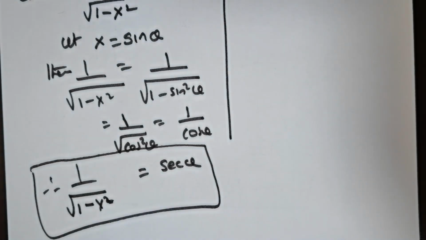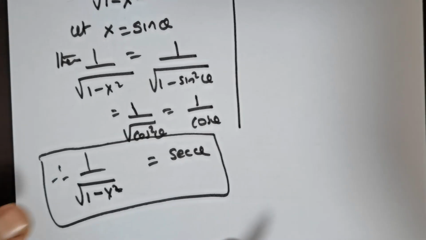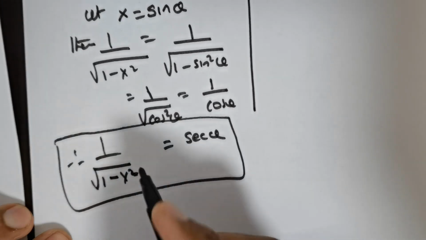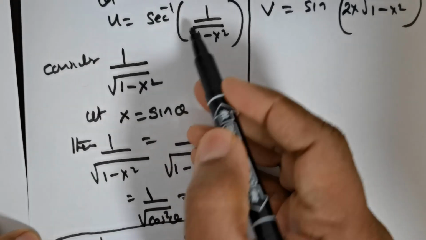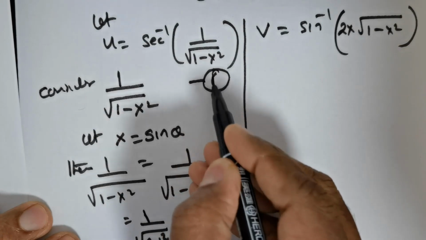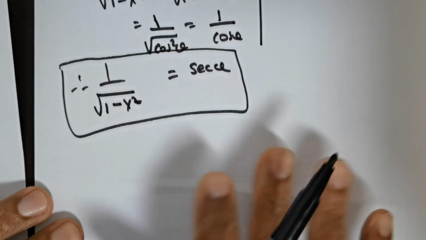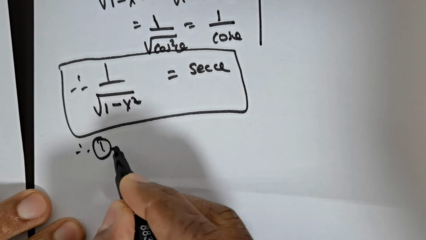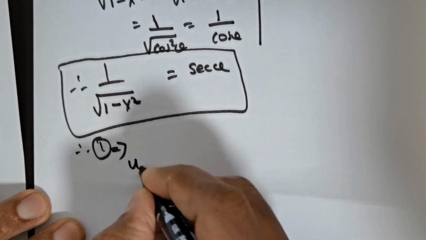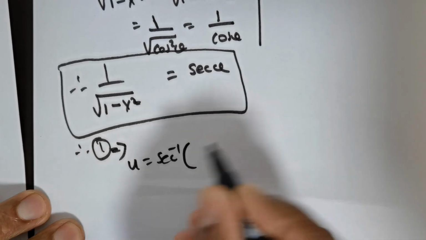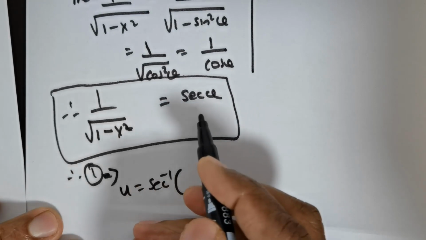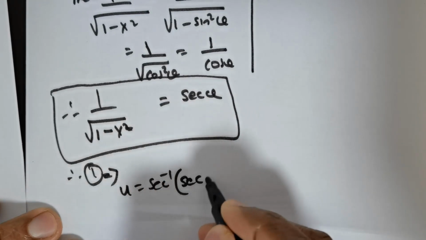Okay, so let me get another sheet of paper. Now therefore, let me go back to the original one. Let me take this as 1. So I can rewrite 1 as u is equal to secant inverse of 1 over root of 1 negative x squared, which is secant theta.